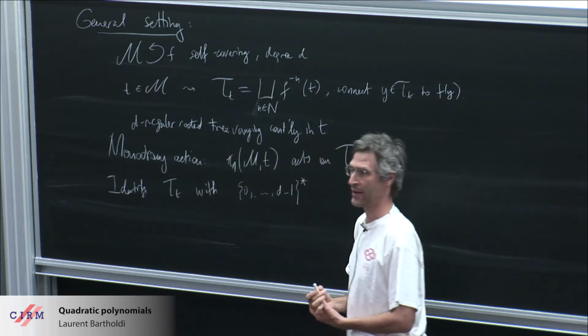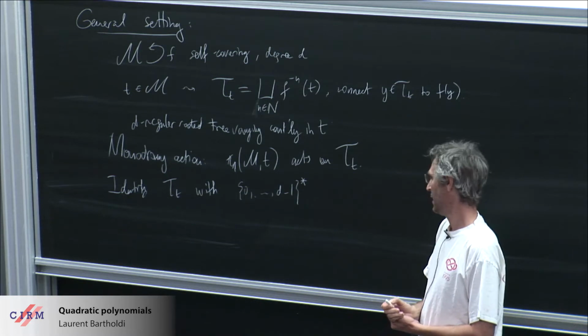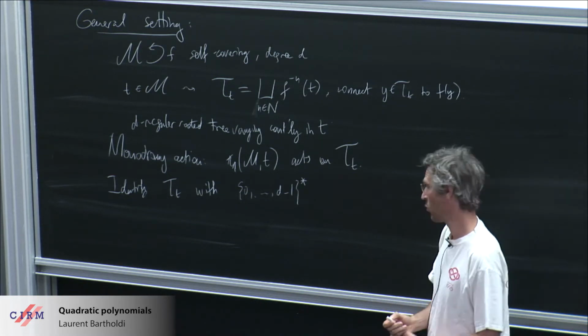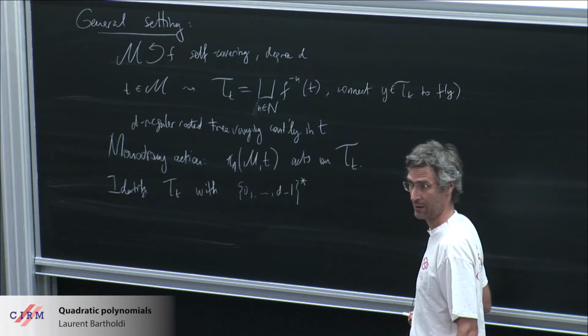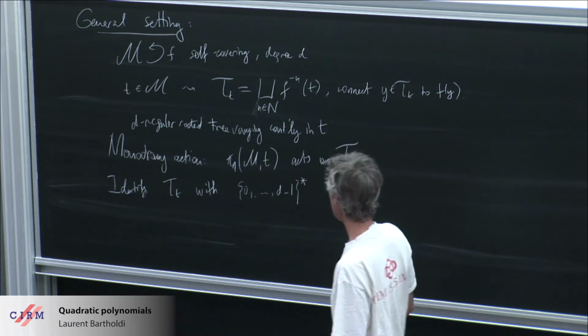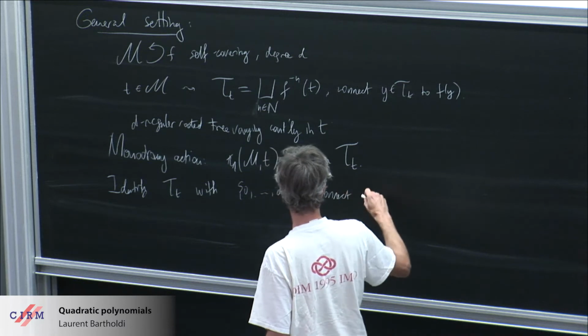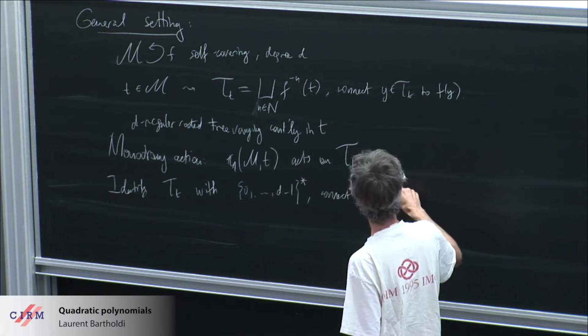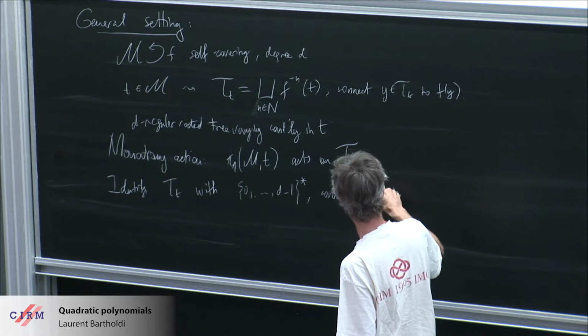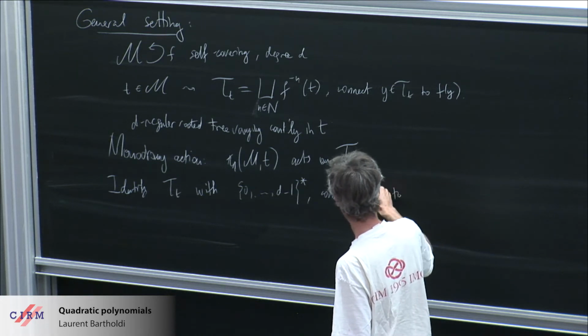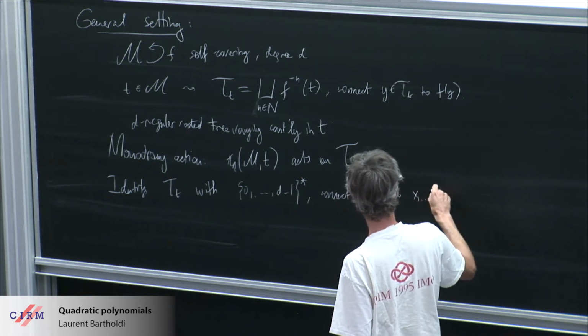The natural symbolic object to associate to it is the tree of words, words over an alphabet with these symbols. And here we connect a word W, so x1 through xn, to x1 through x(n-1).